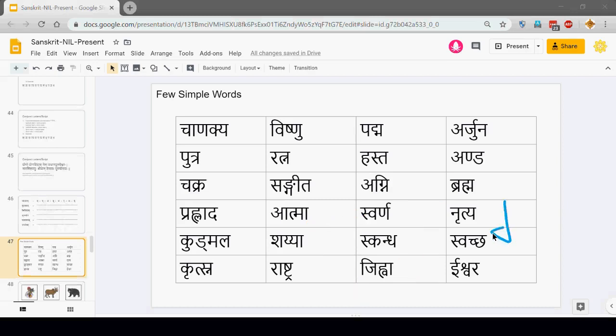If the previous consonant has a vertical line, then you write the complete consonant and then a slanting line to indicate the following ra, like ra following after ma. This is Rashtra. Rashtra means country. Okay, the next one.